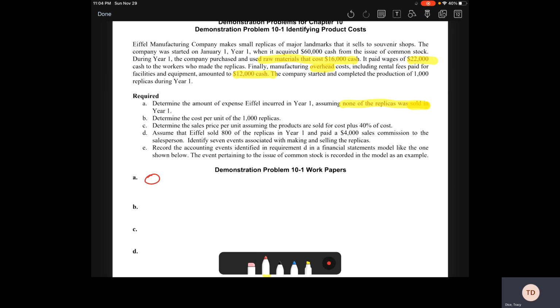If we add that up, let's do that: 16,000 plus 12,000 plus 22,000. Go ahead and do that. I'll give you a couple seconds. That should come out to 50,000. So all of those costs are in our finished goods inventory asset account.